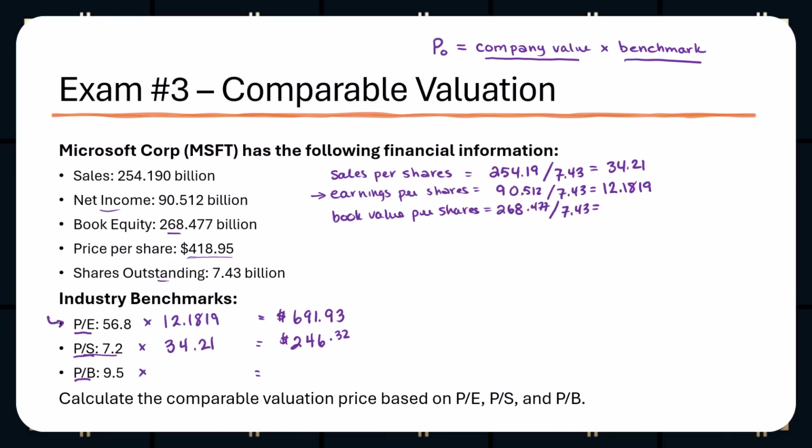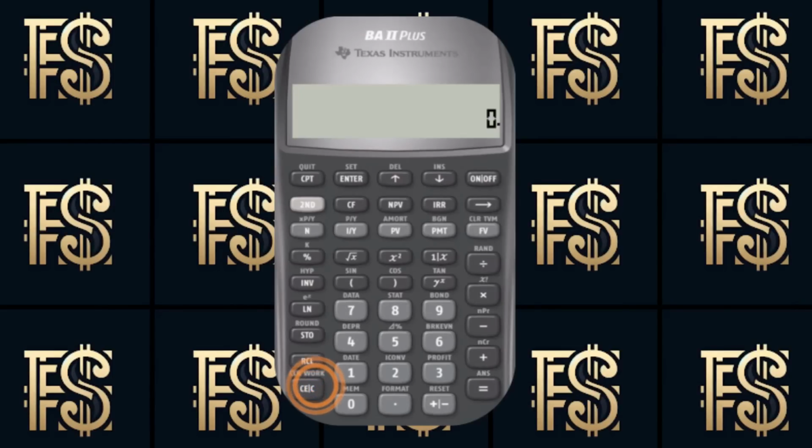All right, last up we have book value per share, and then we're going to multiply that by 9.5. So the book equity is $268.477 billion divided by the 7.43 billion. That gives us a book value of equity per share of $36.13.